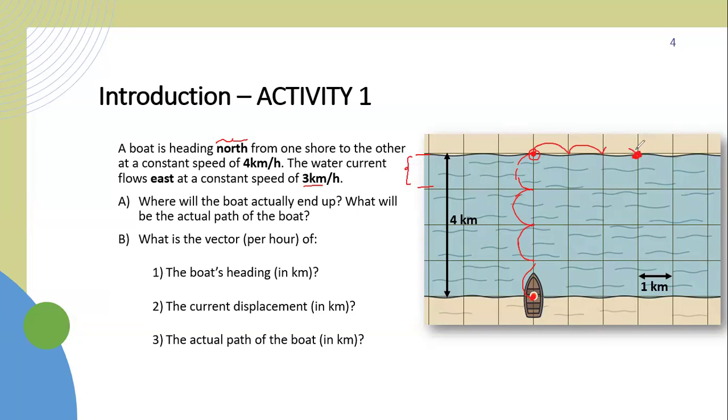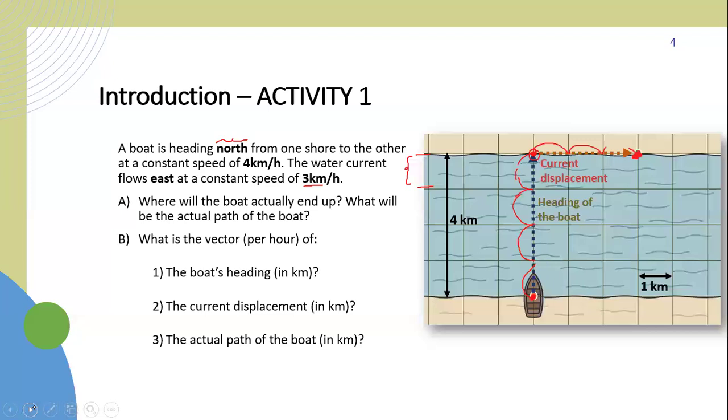But since we have said that these are vectors, I'm going to represent them using a line. So I'm going to draw my two lines to show how I'm moving. The first line I'm going to draw is that north line, showing that the boat is moving north. Then I'm going to draw that line going to the east to show the current displacement.